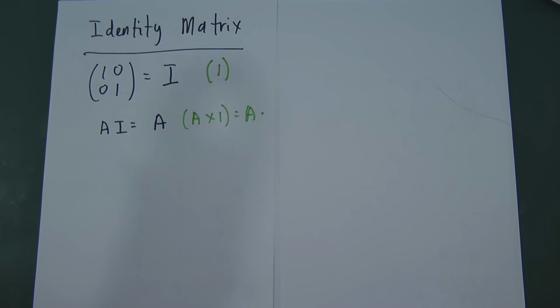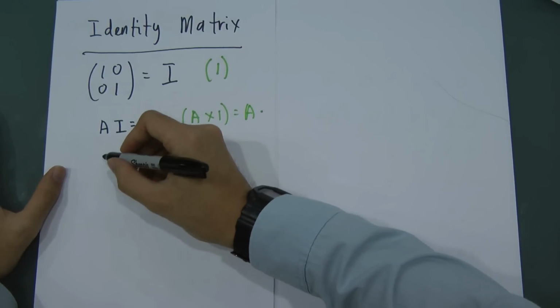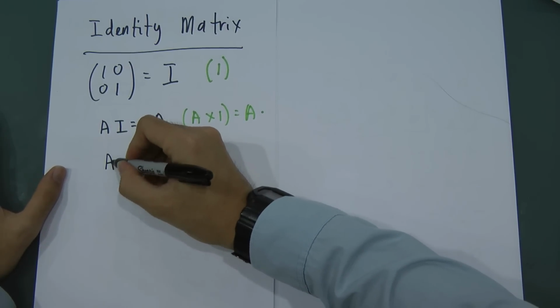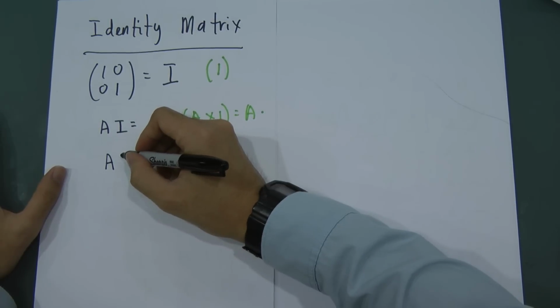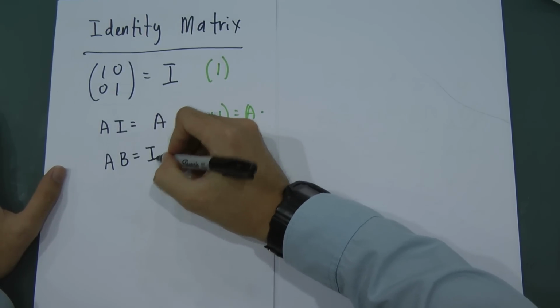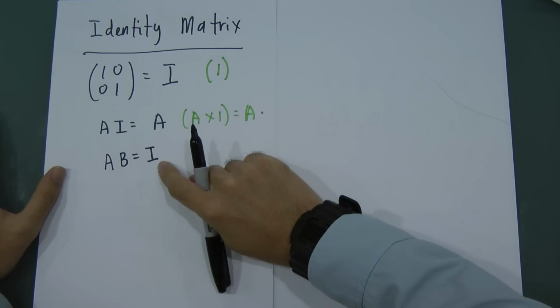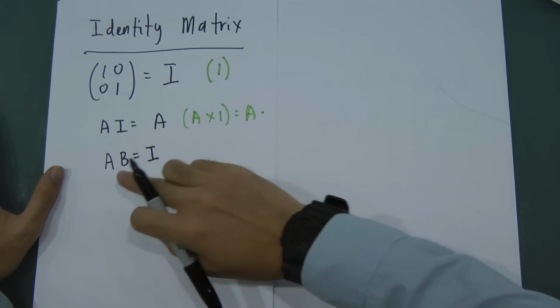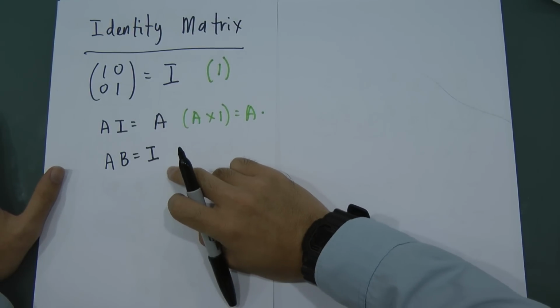Okay? If you understand this concept, for example, let's say I tell you that A multiplied by B, I will get the identity matrix. Now imagine, A multiplied by what, you will get back 1?